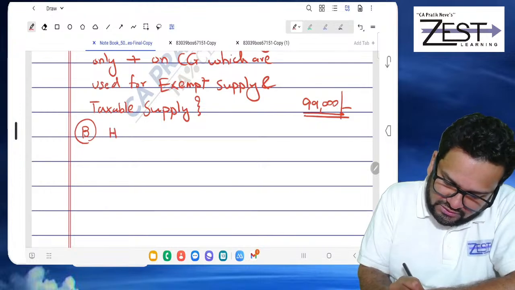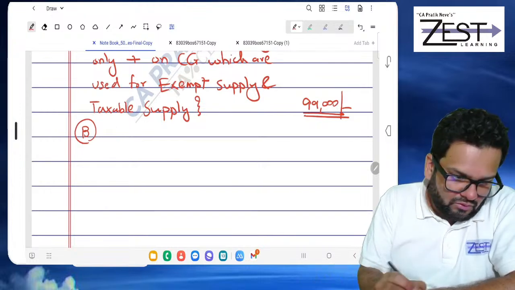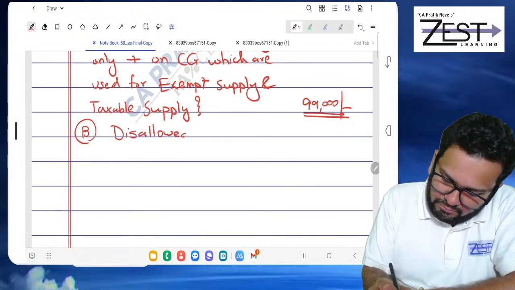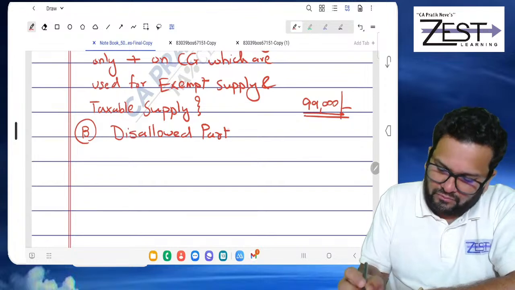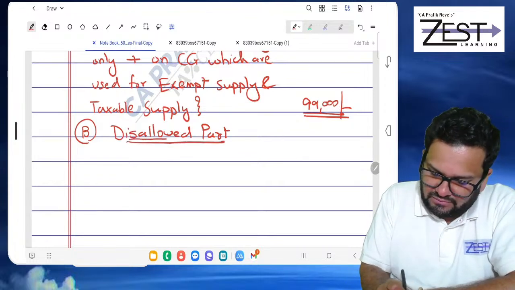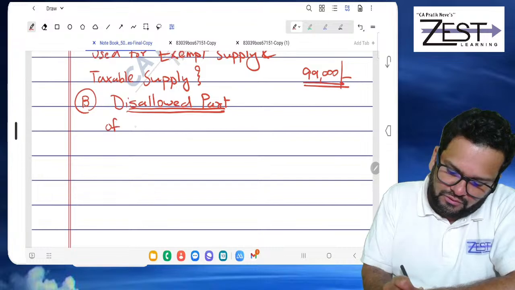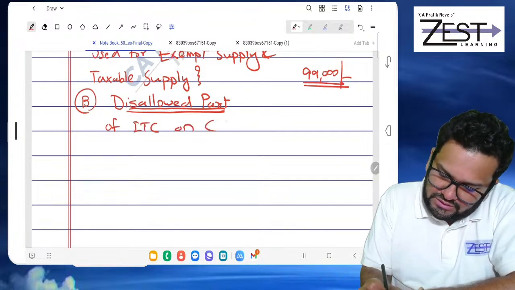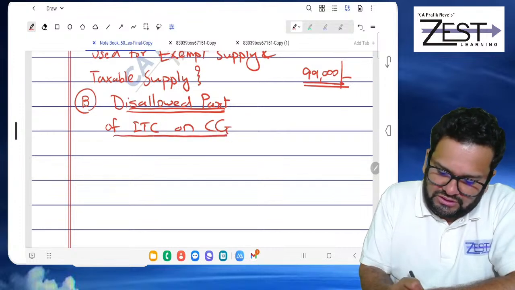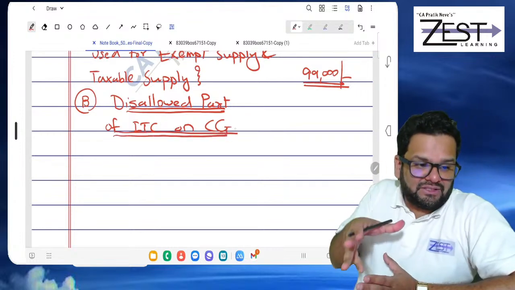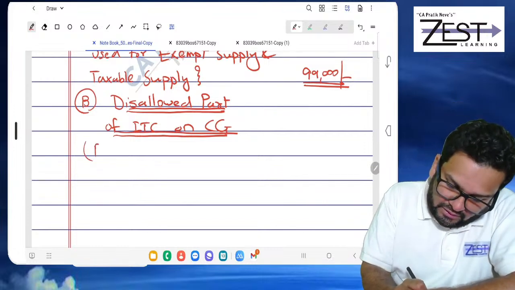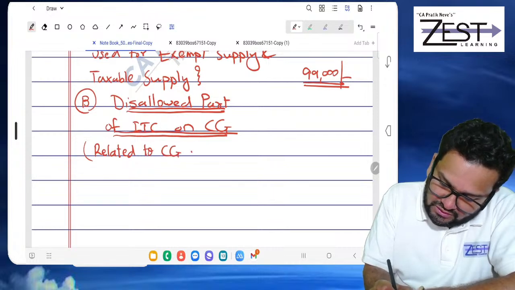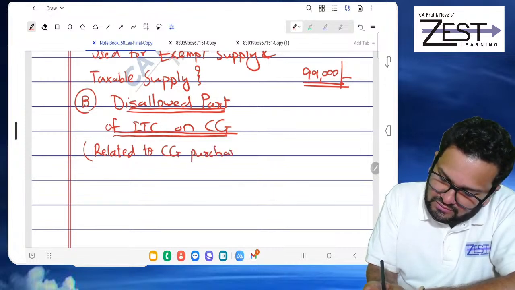So question is, what is the disallowed part? What is the disallowed part of ITC on CG? So disallowed part of ITC on CG, my dear friends, relates to CG purchased earlier.